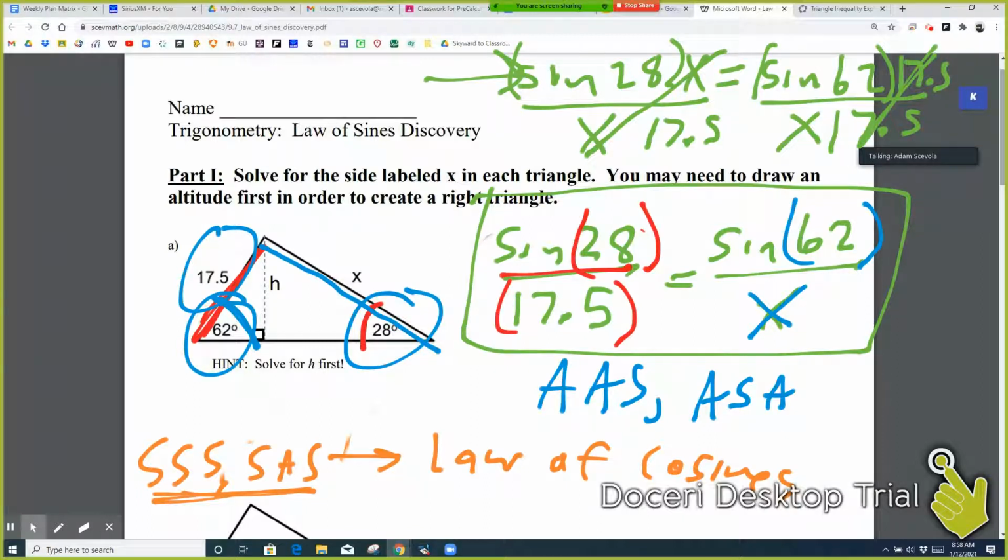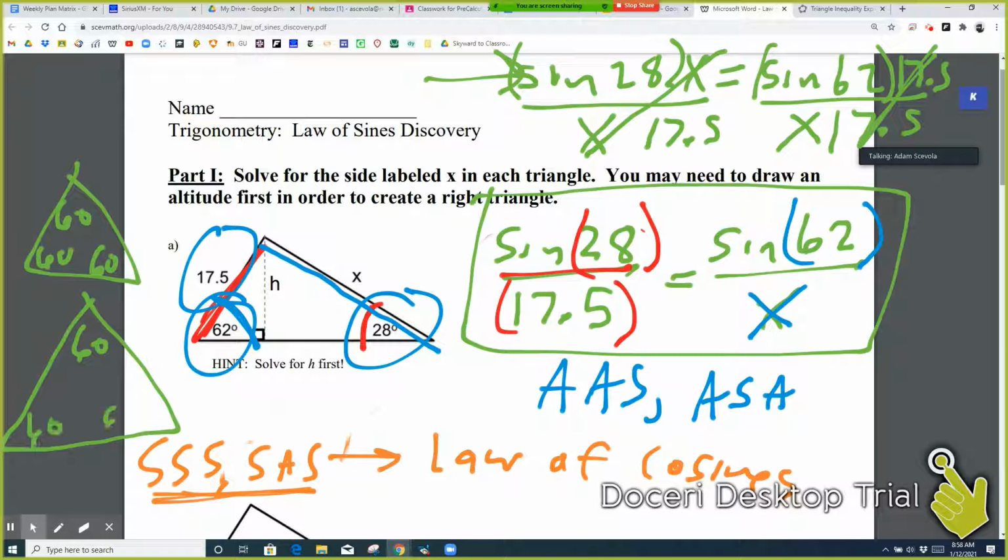Angle, angle, angle is another way to order all the letters of S and A. But if you have angle, angle, angle, then you don't have enough information to find the sides. Because, for example, if I had an equilateral triangle, 60, 60, 60, and was just given all those angles, I don't know whether it's that triangle or a similar triangle that's bigger.